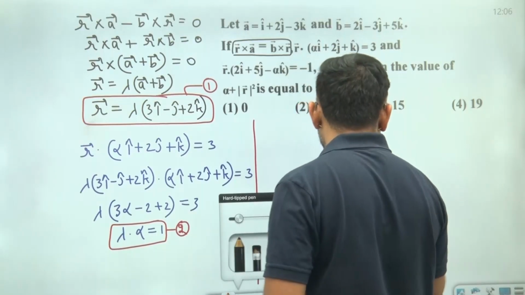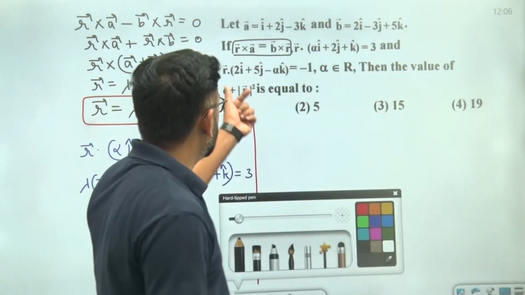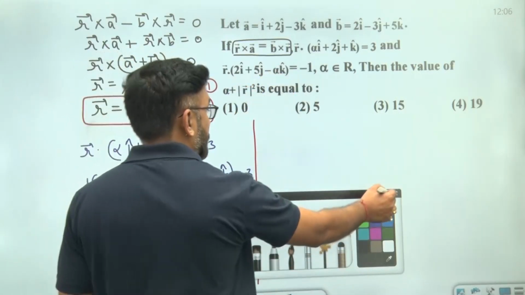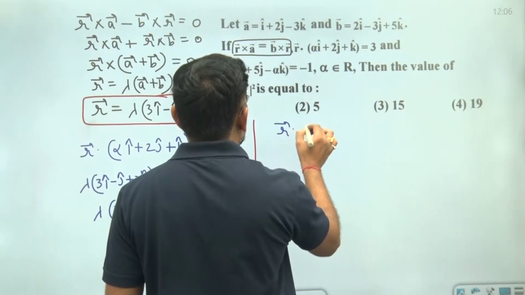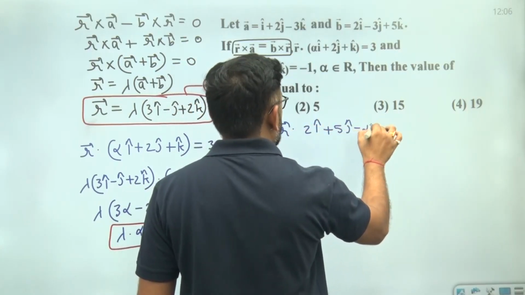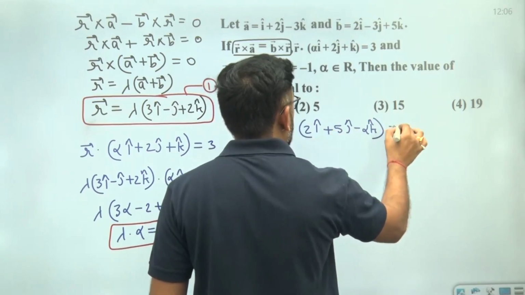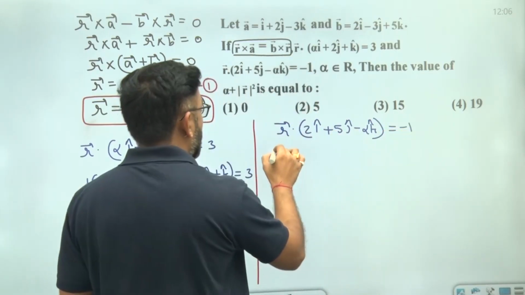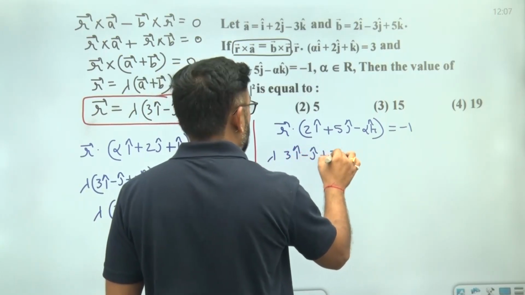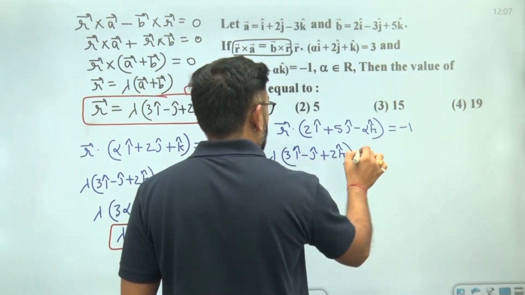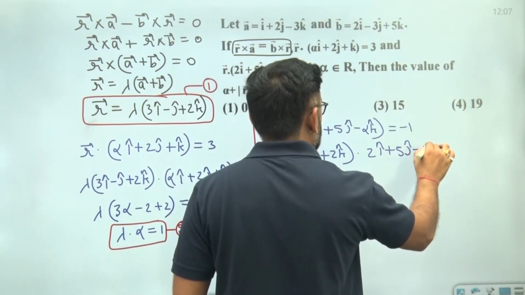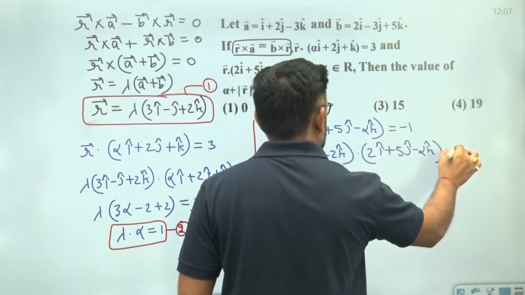Now, we also have one more relation: the dot product of R vector with another vector is minus 1. So R vector dot (2 i cap plus 5 j cap minus alpha k cap) equals minus 1. R vector is lambda times (3 i cap minus j cap plus twice k cap), dot product with 2 i cap plus 5 j cap minus alpha k cap equals minus 1.